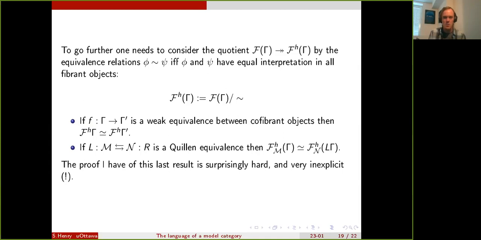And what it means to me is that even if Quillen equivalent model categories have equivalent languages, in practice it can be very hard to transport a formula along a right adjoint equivalence.